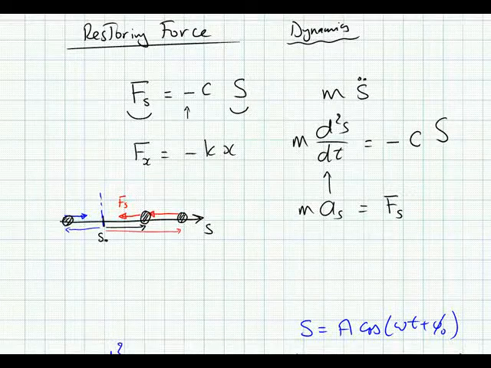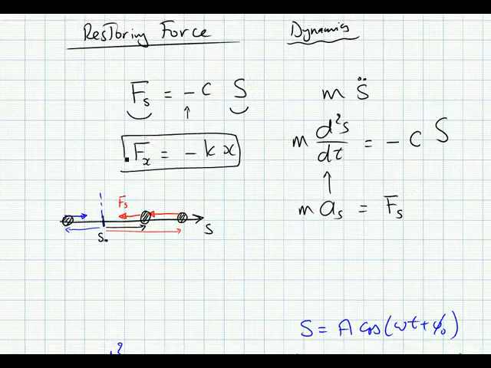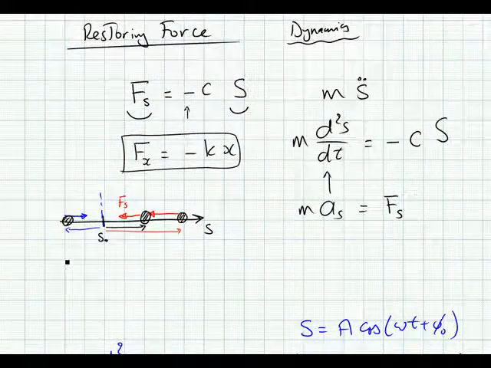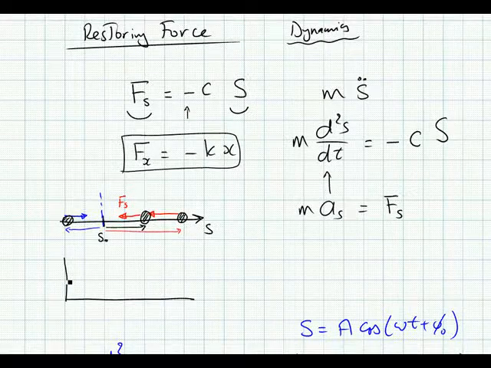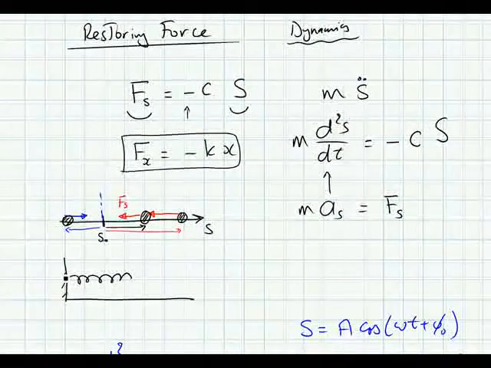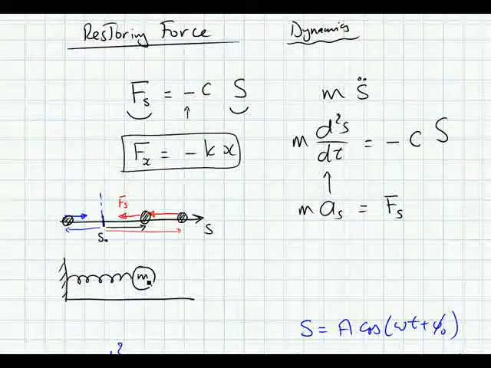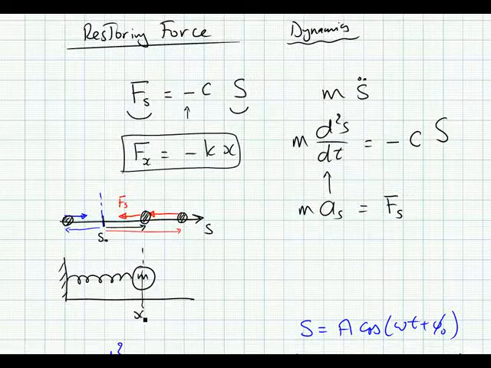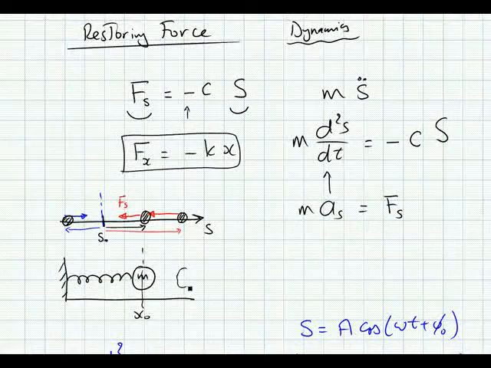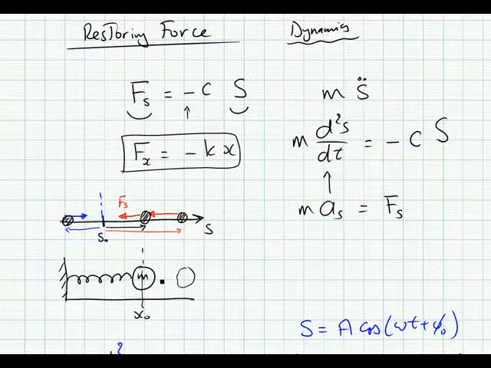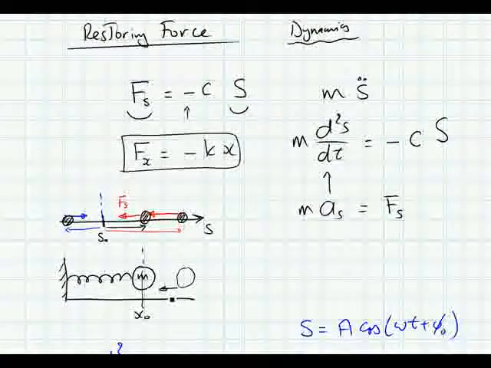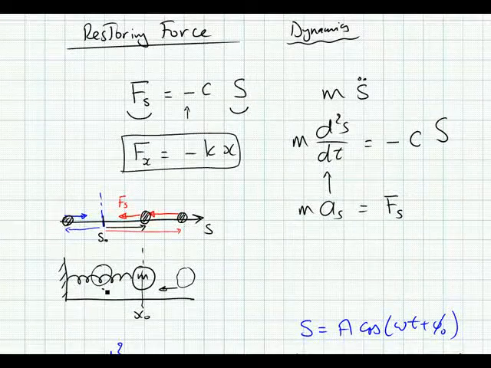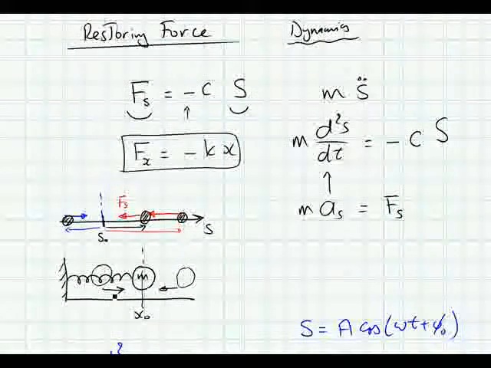And an example of such a force is, of course, the force that a spring exerts on an object which is attached to it. So if our spring is along the horizontal attached to a wall, here's our object M. If we say that this is the equilibrium position x naught, then when the object stretches the spring, the spring force is in the negative direction, and when the object is compressing the spring, the force is going to be in the positive direction.